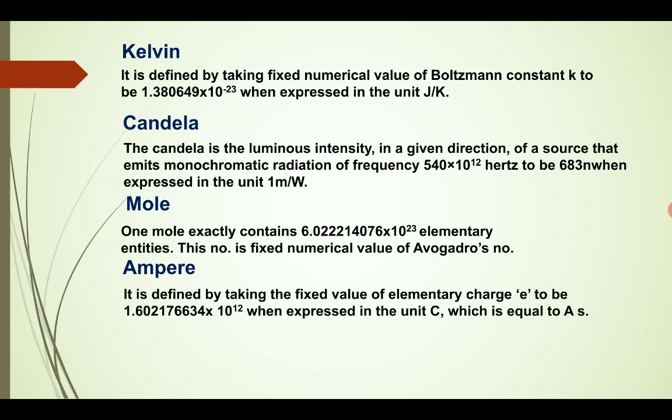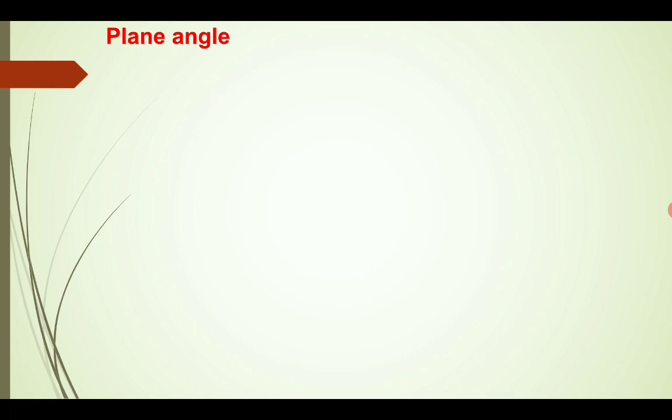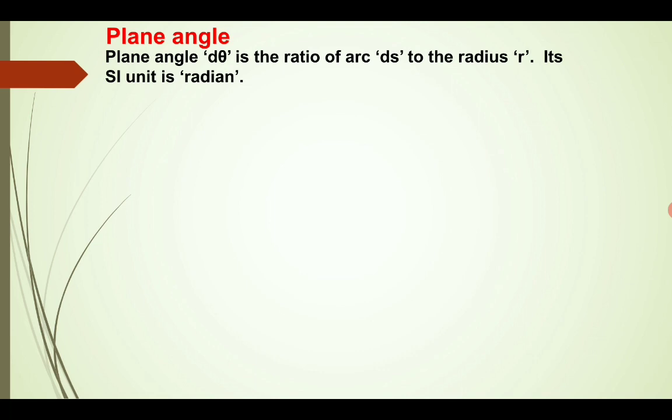After these main physical quantities, we have two other SI units for other physical quantities, that is for the plane angle. The plane angle d theta is basically the ratio of arc ds to the radius r. So we have an arc of length ds with some point O. The angle is between these radii at point O, and the arc is the length from one end to the other end.